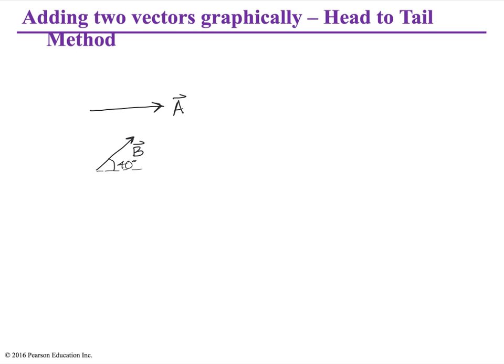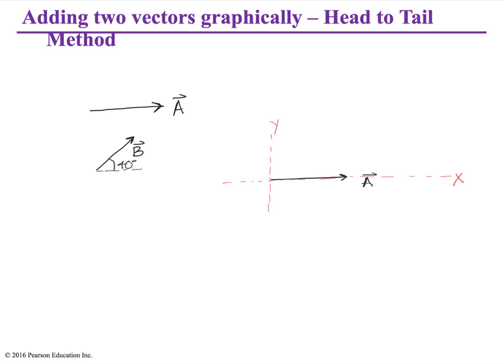So what we do in the head to tail method is we always start with the first vector, and we do have to draw it with the proper length and the proper direction. In fact, we're sort of imagining when we draw it that we have this imaginary x and y axis that we're measuring the direction relative to the x-axis properly.